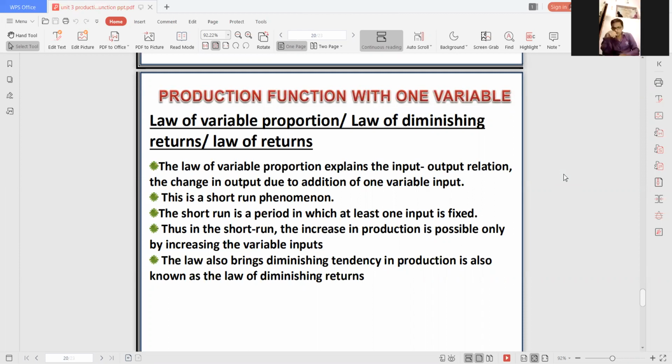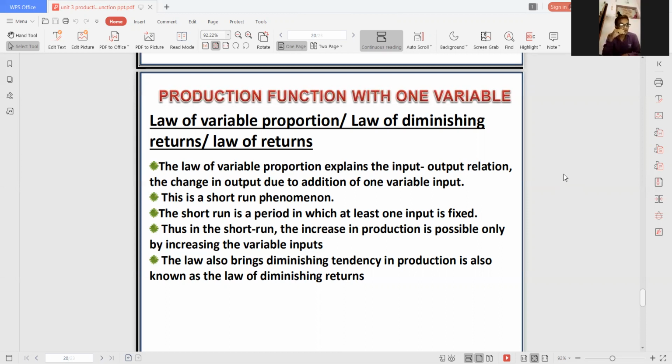We cannot change the land immediately, every month. It can be expanded by purchasing our neighborhood land of 5 acres in the long run. It is not possible after the establishment of your organization for 6 months or 5 months. Such fixed factors are always fixed in nature, whereas variable factors can be changed.